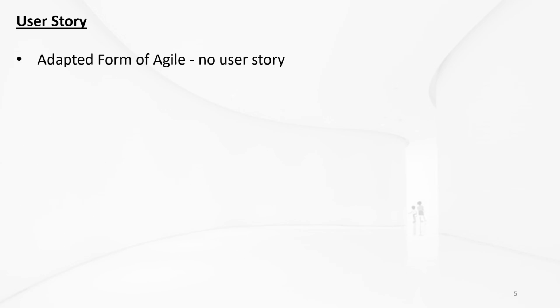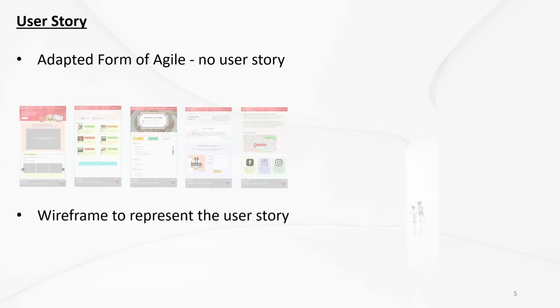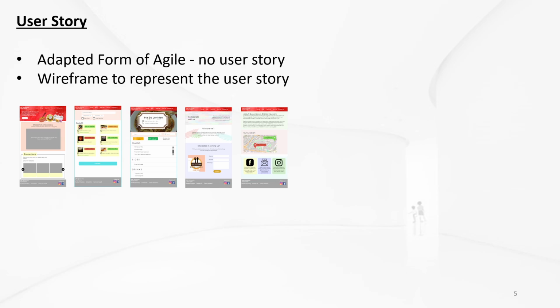So the Agile methodology we're seeing now is actually an adapted form for a one-man developer team, and thus the user story is not in the conventional documentation form of a Word or Excel document, but exists in the form of a wireframe, which is actually okay, because in my view, Agile methodology is meant to add value and not be there for ceremonial purposes to make work onerous, slowing the process. It's meant to really add value.